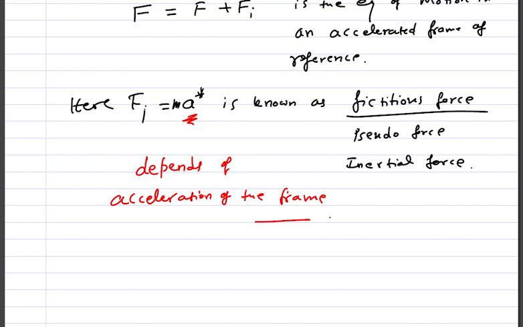Acceleration is high. Quickly it is changing its direction. If the bus is going slow, then you don't feel that there was a turn. So it depends on the acceleration of the frame.